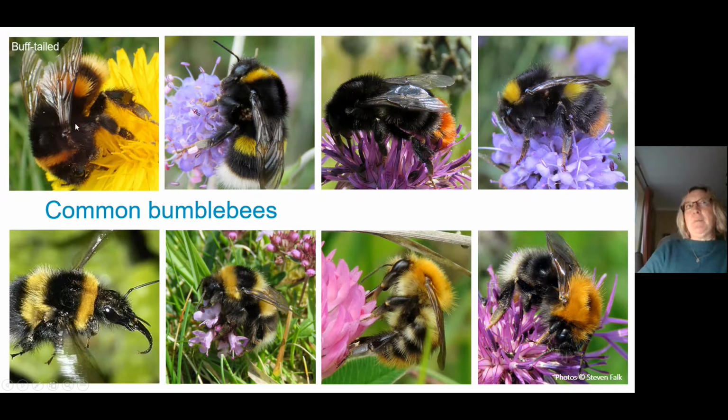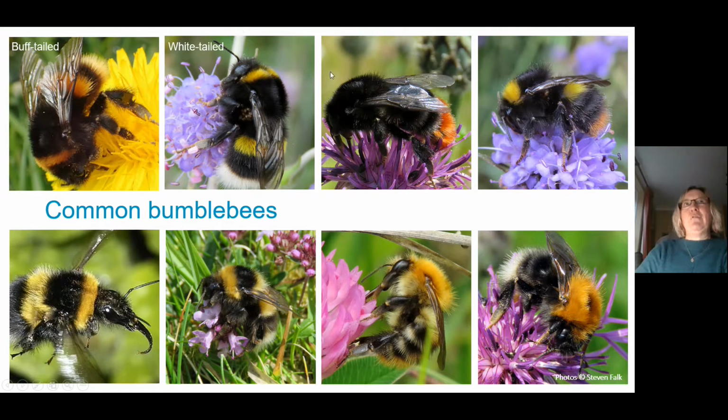And the buff-tailed bumblebee is really common, and it is one of the first to emerge in the spring. It's the one that lots of people are familiar with, that you see quartering over the ground with a really loud buzz in the spring. They tend to be very large and noticeable.